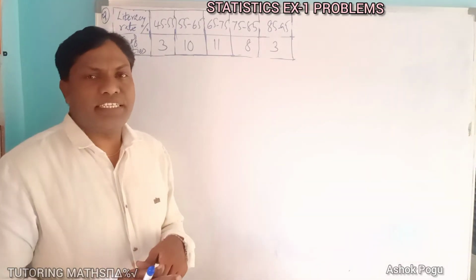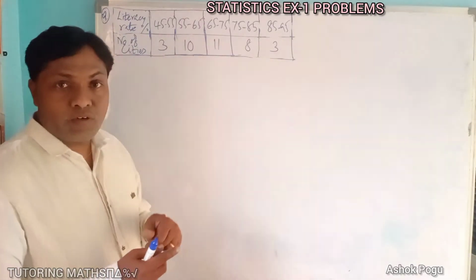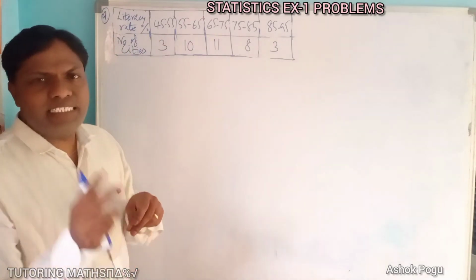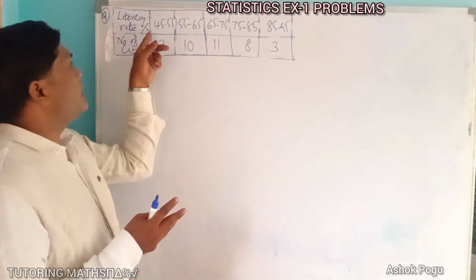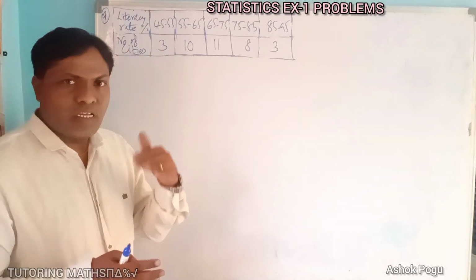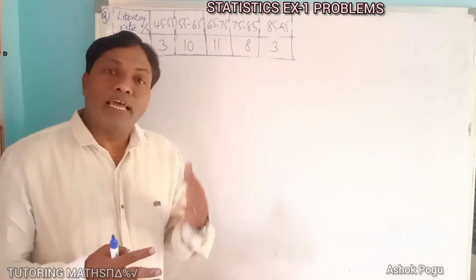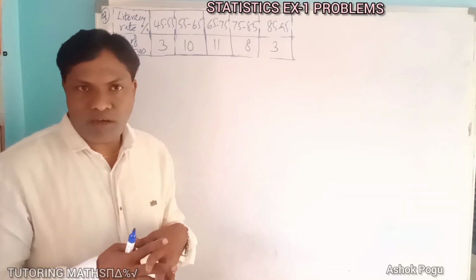The very first exercise, statistics chapter, question number 9, last question, be careful. And here this is the data about the literacy rate. Literacy rate means how many people are educated and how many are uneducated.